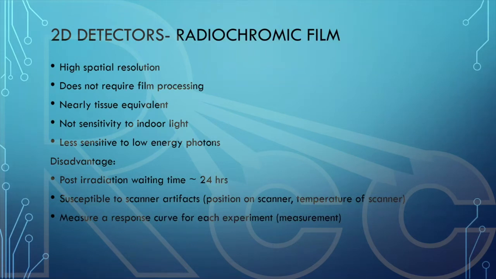In terms of the scanner, how do you scan them? As long as you have a procedure on how to position the radiochromic film on the scanner, and that's what your clinic follows, we haven't encountered any issue if we follow our standard procedure. What you need to keep in mind is that if you are scanning multiple sheets of radiochromic film, the temperature of the scanner increases, so that might introduce some artifacts into your readings.